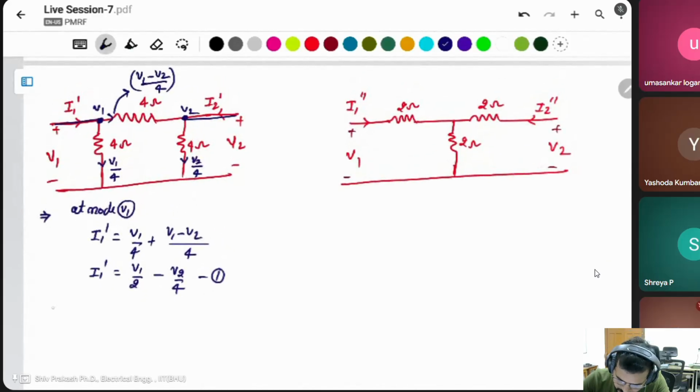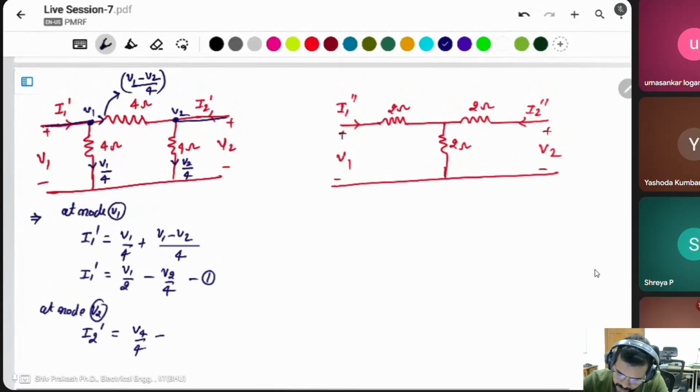At node V2, same way, incoming current is I2 dash, which is equal to this current V2 by 4 plus this current. This direction will be reversed, so you can take a negative, minus (V1 minus V2) divided by 4.